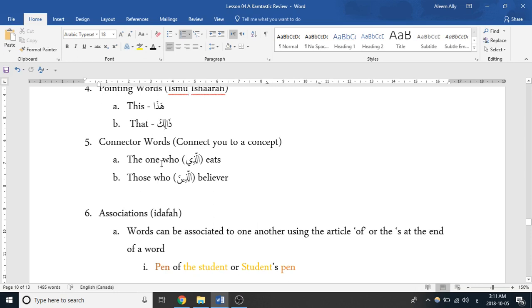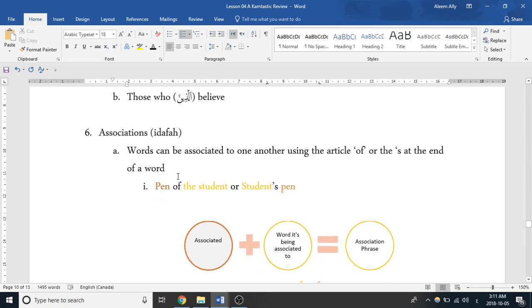It's connecting a person to the concept of eating, right? Then another would be those who, alladhina, believer. It's changed here because now it's referring to multiple people, and it's connecting those multiple people to belief, right? Those who believe.